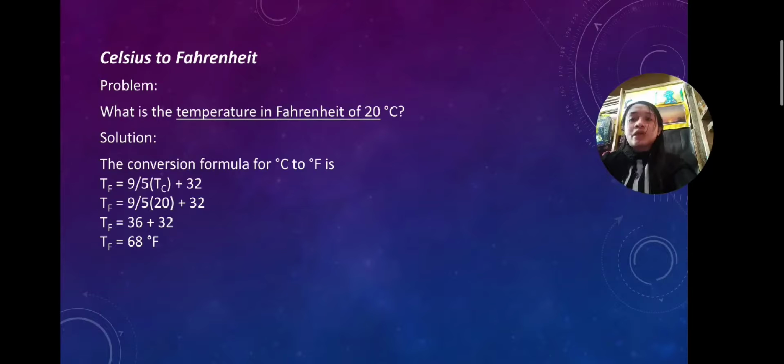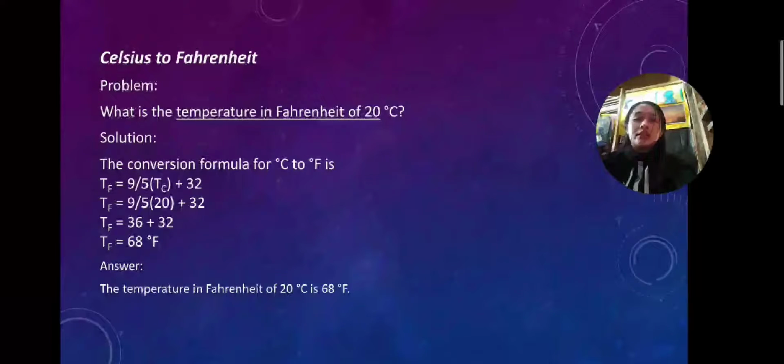Substitute 20 degrees Celsius for temperature C. 20 times 9/5 is 36, plus 32, so the result is 68 degrees Fahrenheit. So the temperature in Fahrenheit of 20 degrees Celsius is 68 degrees Fahrenheit. It's that easy.